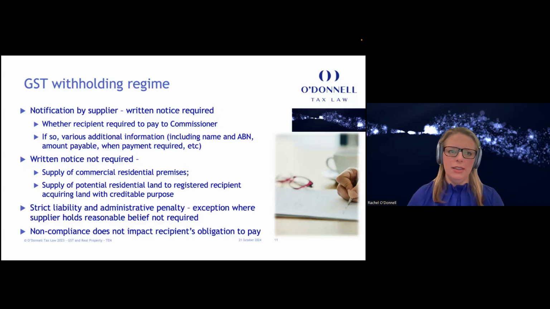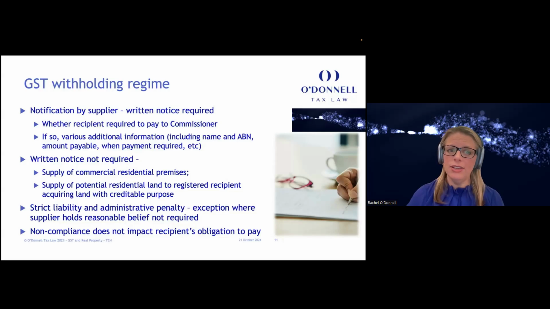So there's two elements to this withholding regime. One is that withholding requirement where the recipient is required to pay the amount to the ATO. The other is a notification requirement by the supplier. So a supplier is required to provide written notice to the recipient in various circumstances.